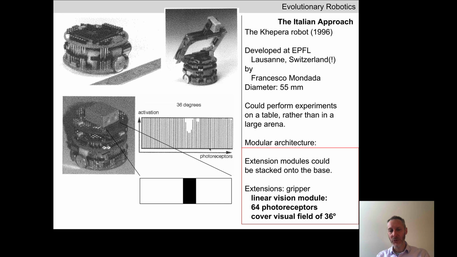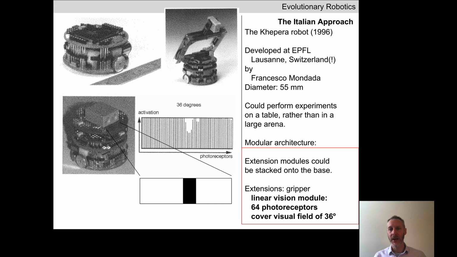Most of the 64 photoreceptors arranged along the horizontal axis here are reporting very high light levels. They're pointed at the white wall, but a few of the photoreceptors in the center, which are pointing towards the black stripe, are reporting lower light levels. So this is not a camera, it's not a pixel array. We're getting a one-dimensional array of light levels.